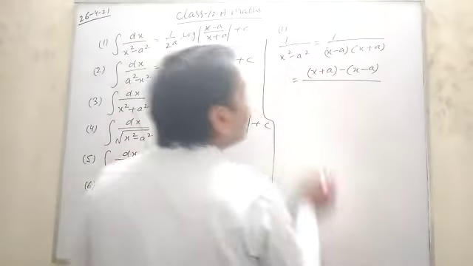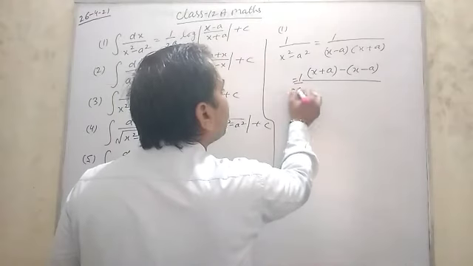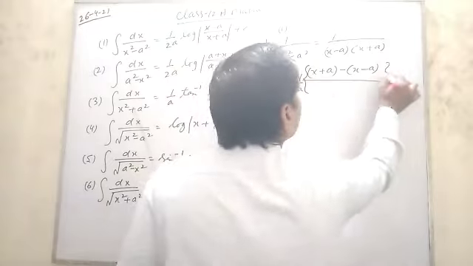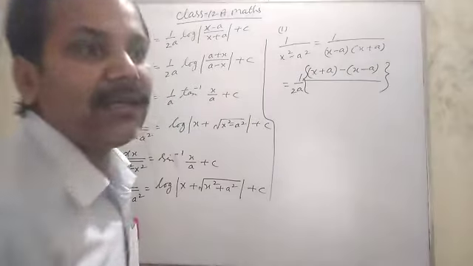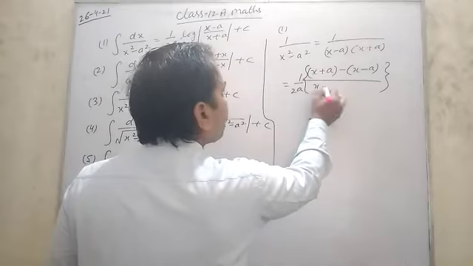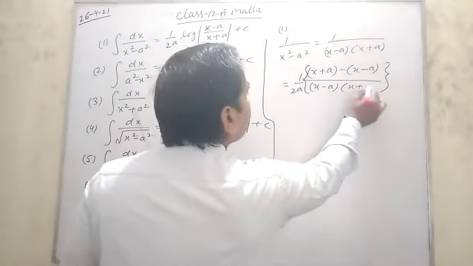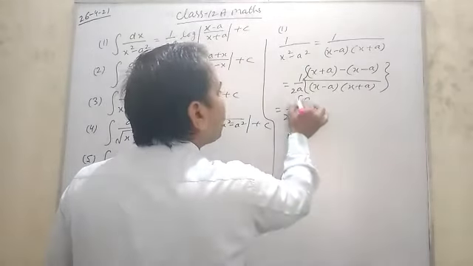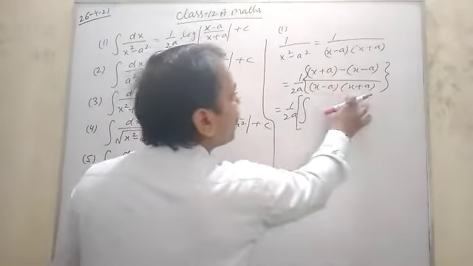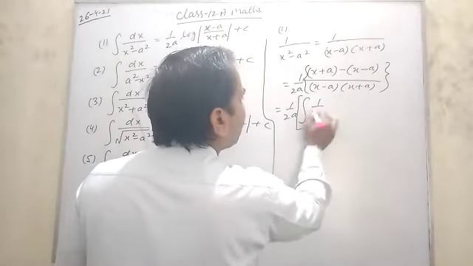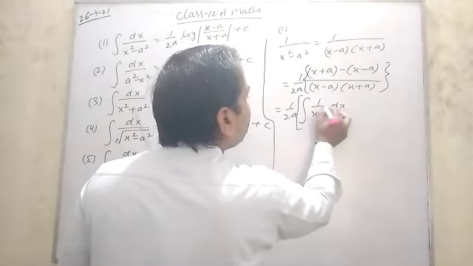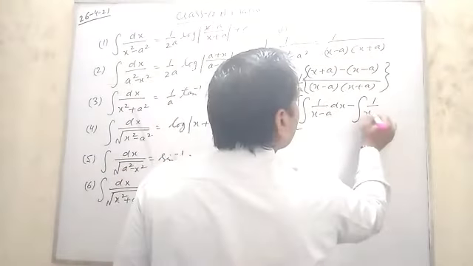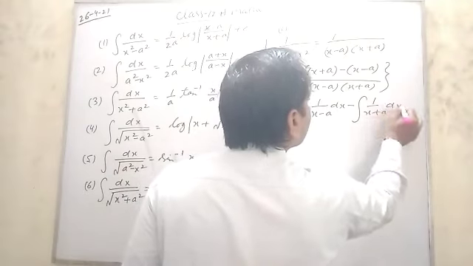So also divide by that 2a, means multiply and divide by 2a, x minus a, x plus a. So 1 upon 2a, then divide separately, this upon that, so 1 upon x minus a dx minus this upon that, so 1 upon x plus a dx.